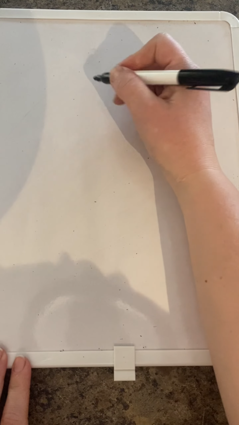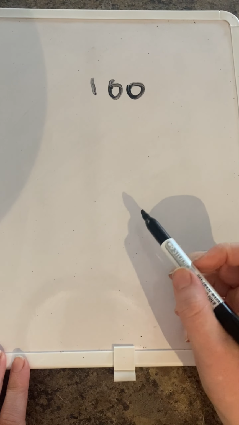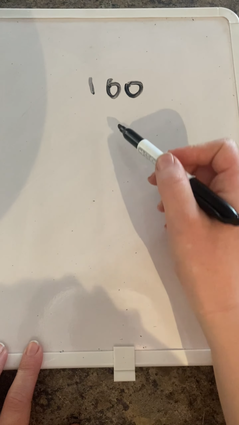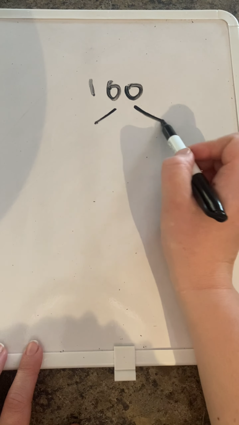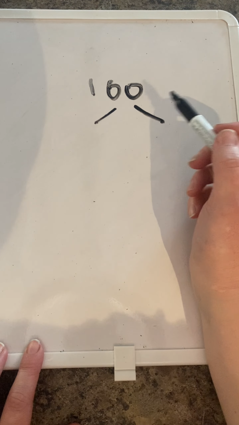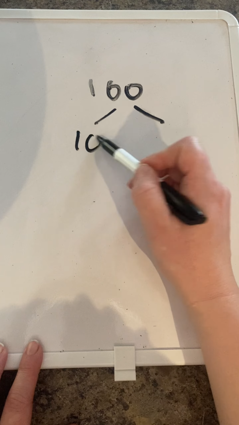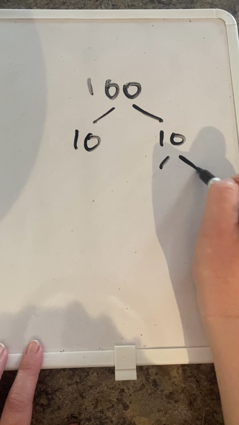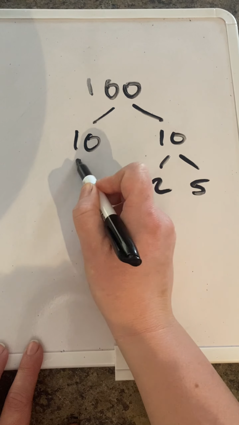So I'm starting with 100. So I know 100 is 10 times 10. And each 10 breaks down to 2 and 5.